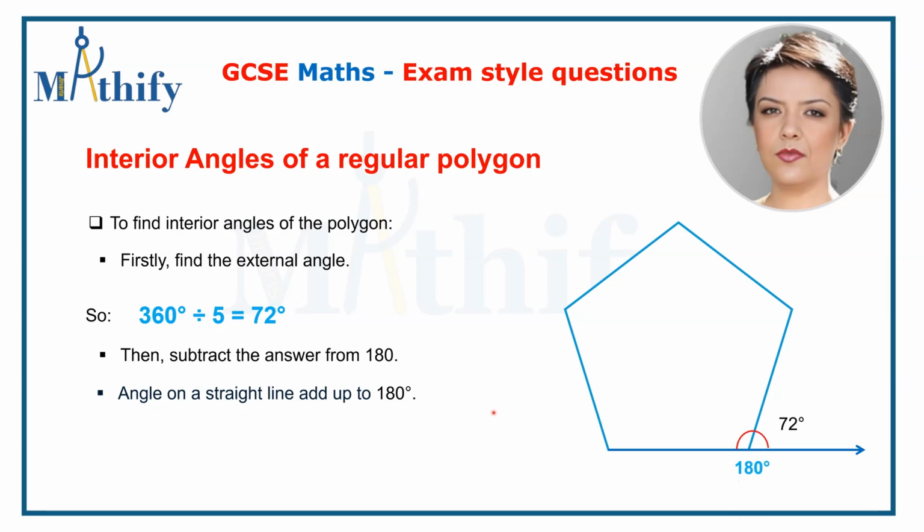So when you do 180 minus 72 degrees, that should give us the interior angle of 108 degrees. Now to double check this, 108 degrees plus 72 degrees is equal to 180 degrees. Therefore, we have double checked this to make sure that it follows this rule.